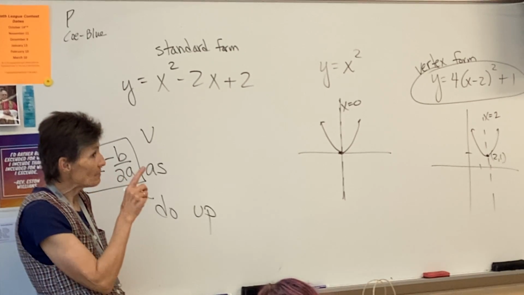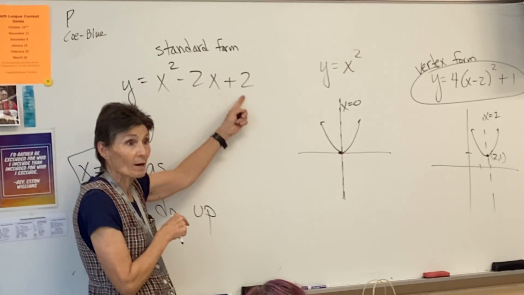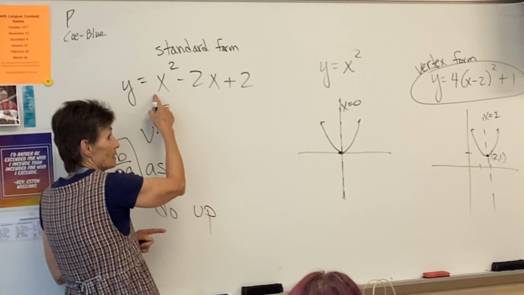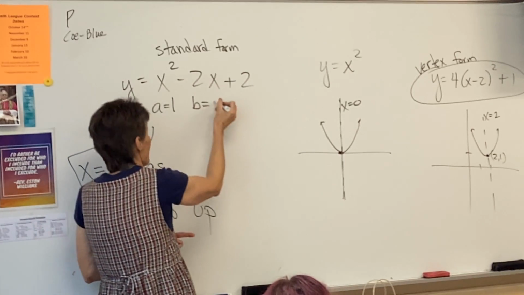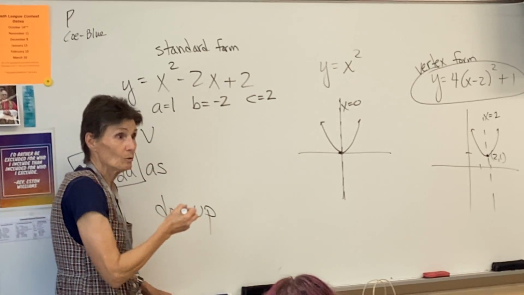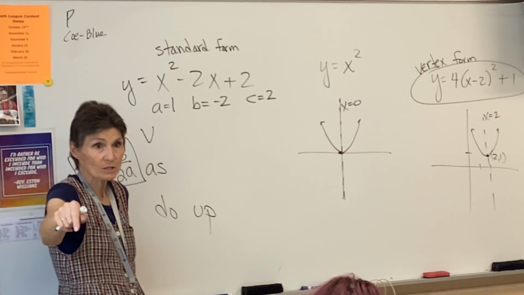And the a and the b are the same as if you were doing the quadratic formula. So a is 1, b is negative 2, and we don't need c, but if we did, it would be 2. So it's the same a, b, and c that you've always used.